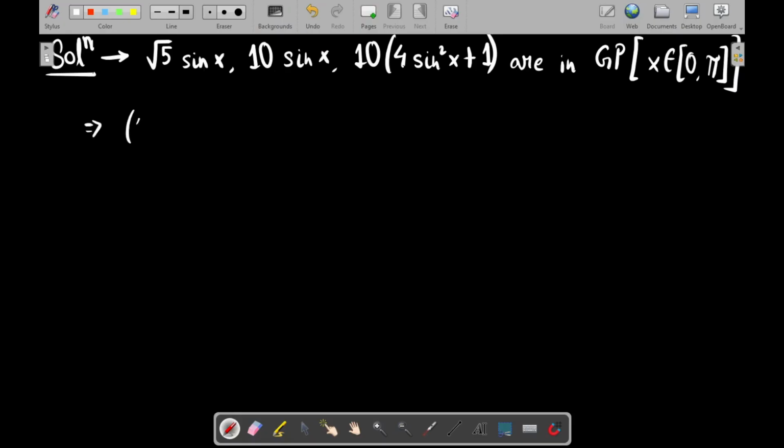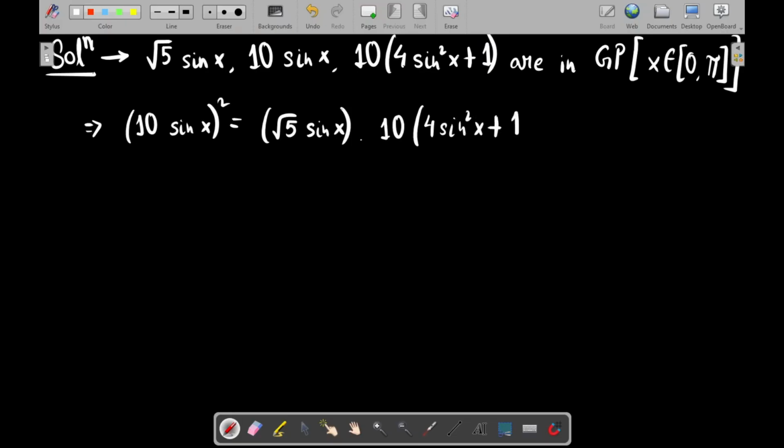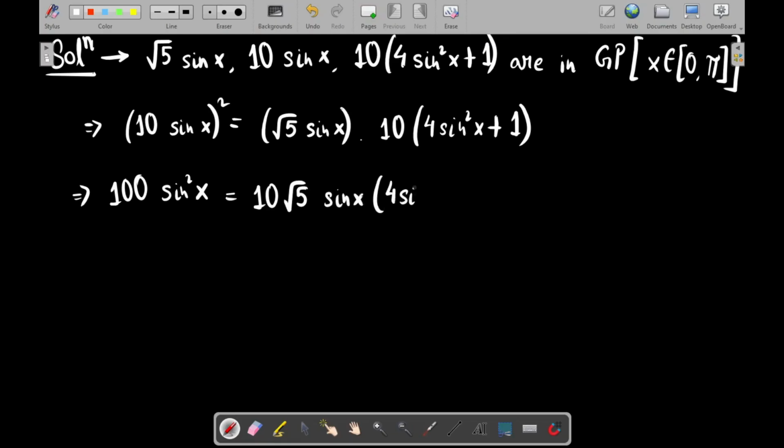So this implies that (10 sin x) whole square is equal to the product of 5 root 5 sin x times 10 times (4 sin square x plus 1), right? So from here, on simplifying, this gives us 100 sin square x is equal to 10 root 5 sin x times (4 sin square x plus 1).